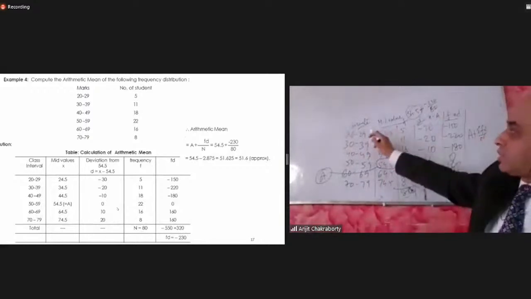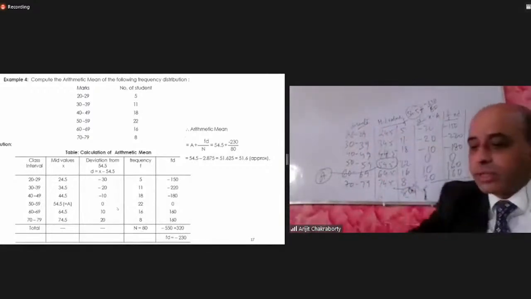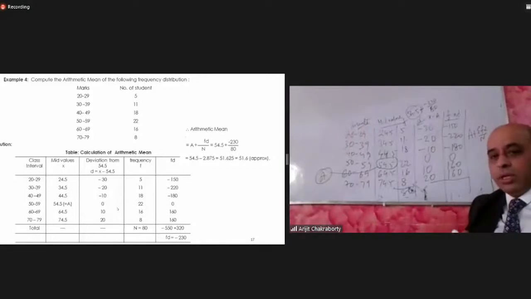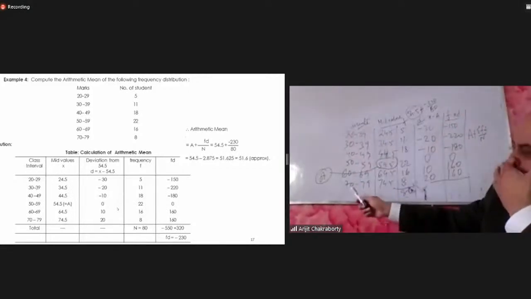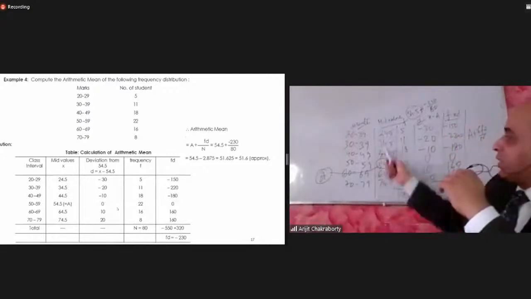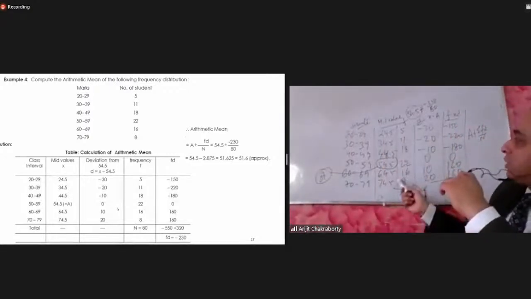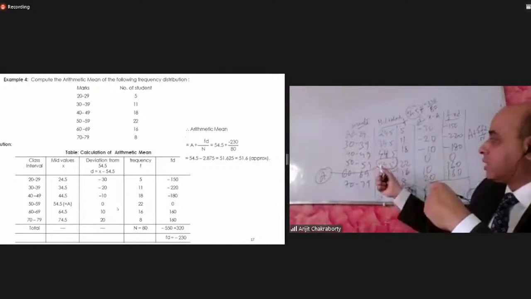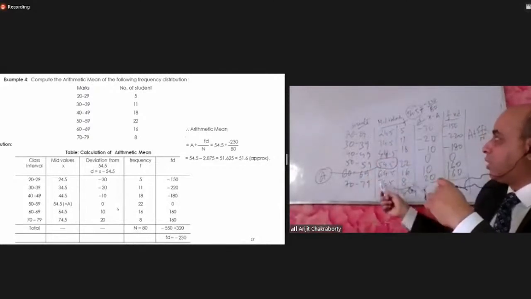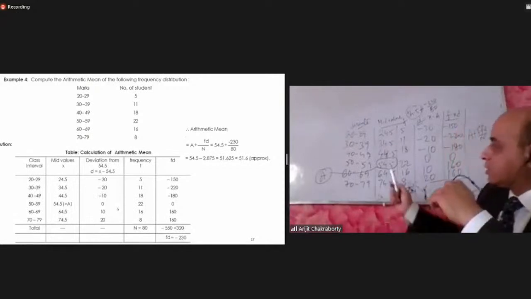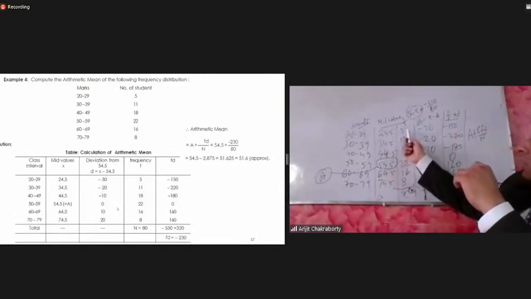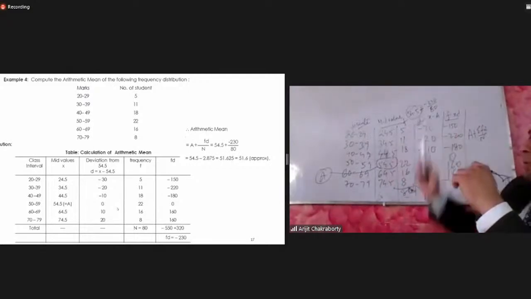So first is step number 1. Please note once again from this solution that the classes are given. We first find the mid value. We have the frequency. We assume any of them as the assumed mean. Any of the mid values can be taken as assumed mean. Once you have the assumed mean, you find the deviation.